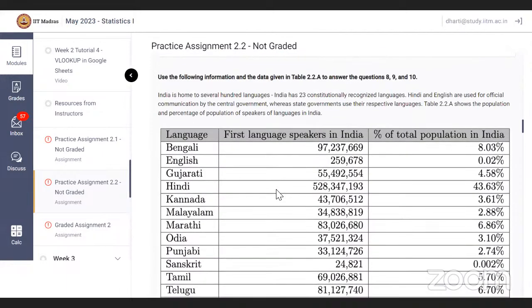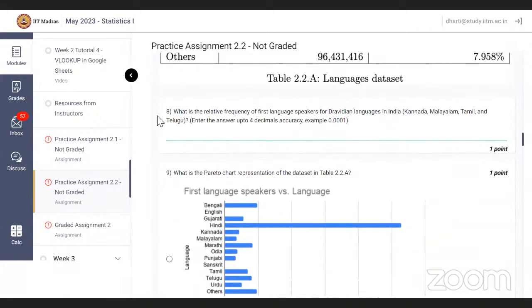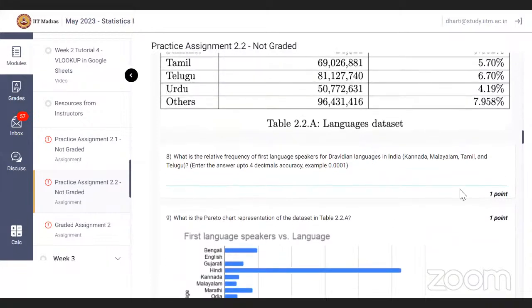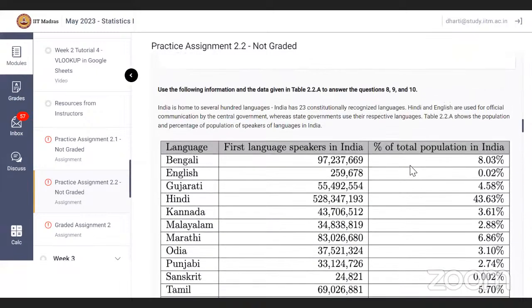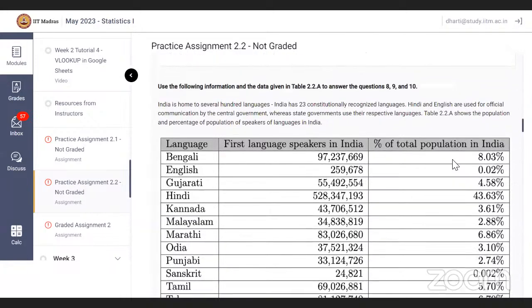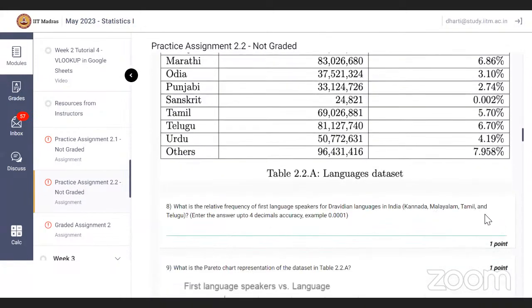Yeah, that one. What is the relative frequency of first language speakers for Dravidian language in India? Dravidian, okay, fine. So for that, what did you do? I have just summed the frequencies of each language: Kannada, Malayalam, Tamil, and Telugu.